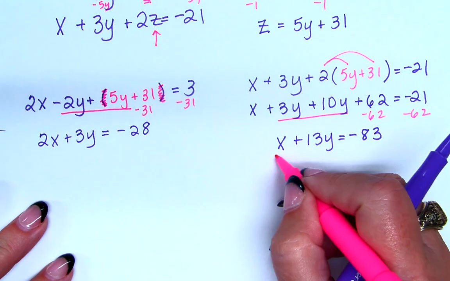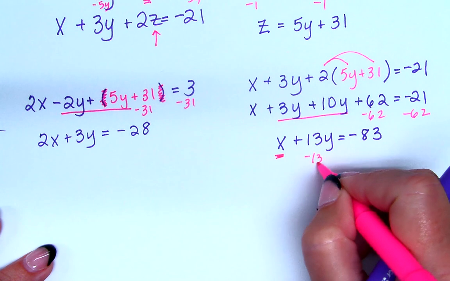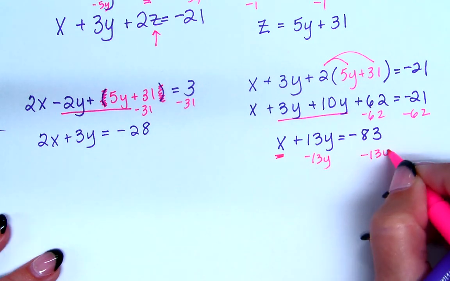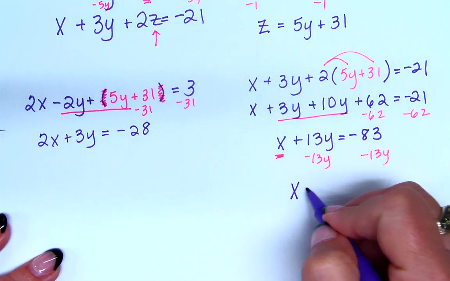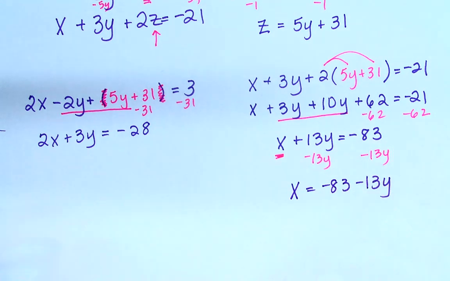So let's solve for this x because it's all by itself. So let's subtract 13y from both sides. So x equals negative 83 minus 13y. Now I have a value for x. So what should I do with it? Plug it in.